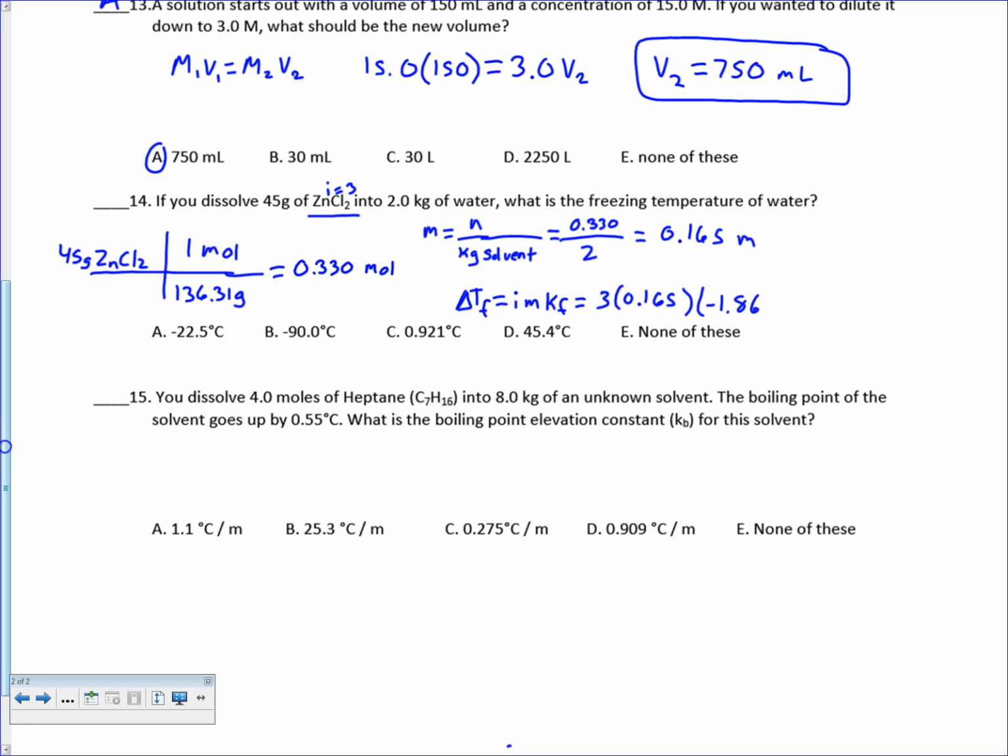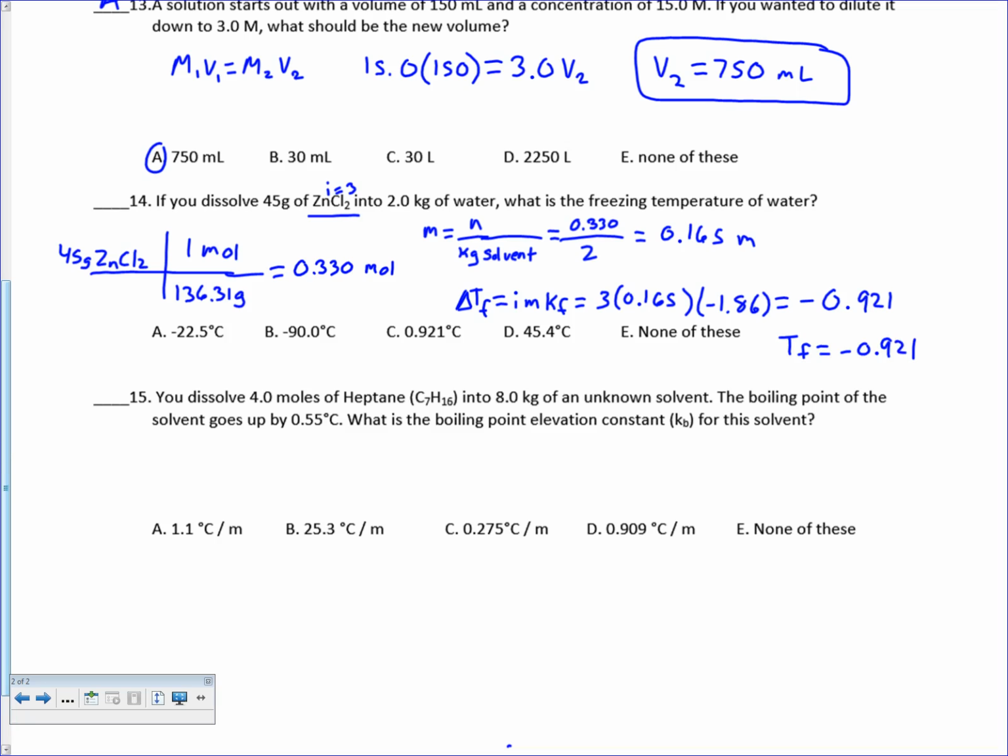That's the Kf constant. It's listed at the top of the page, so you don't have to memorize that one. You calculate that, you get negative 0.921. This means your freezing temperature equals negative 0.921 degrees Celsius.